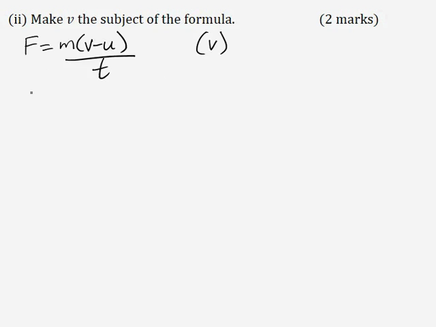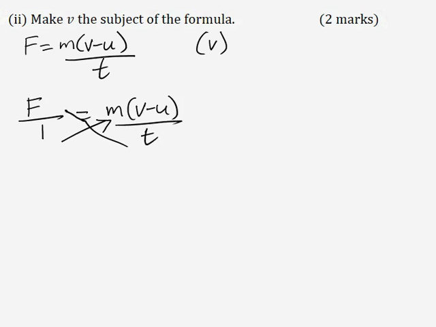So I'll rewrite this as F all over 1 is equal to M by V minus U all over T, and I'm going to cross multiply here. So this is going to become Ft, 1 by anything is itself, so this is M by V minus U.